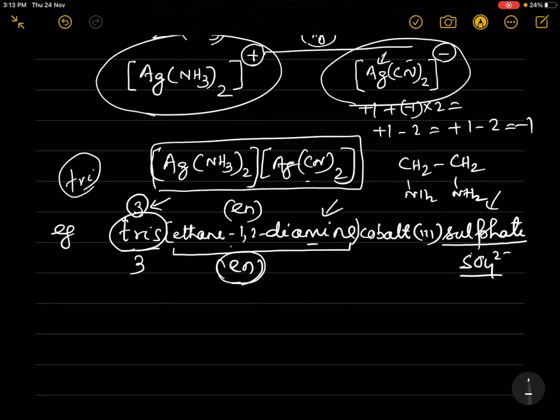And we have to write the central atom first. Here it is cobalt. Let me write cobalt first. Then the square bracket starts, en, then the square bracket ends, 3. Then we have to find the charge on it before a plus sign, then SO4, with SO4 having 2 minus charge.